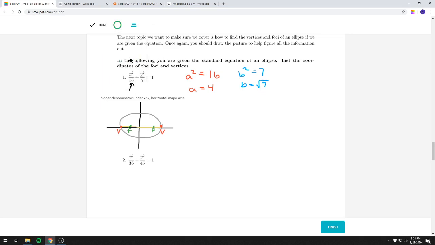But the thing you want to realize is now what we need to figure out is c. We can write down the vertices because we know they're 4 away, but we need to get c. And to get c, we have to use that same formula again. We got to use c squared equals a squared minus b squared.